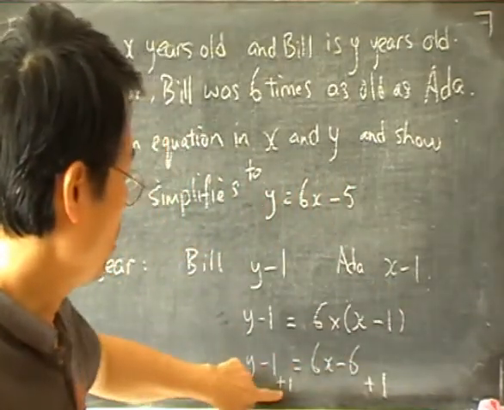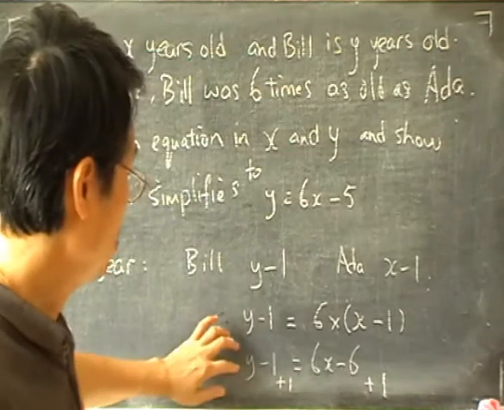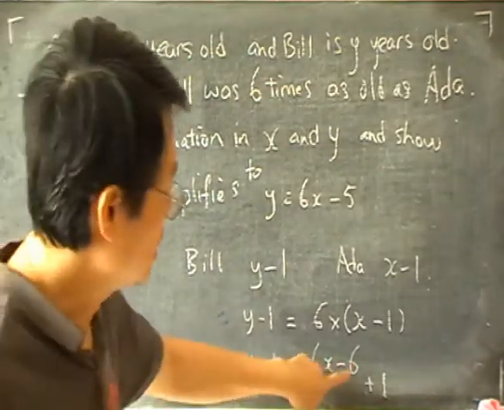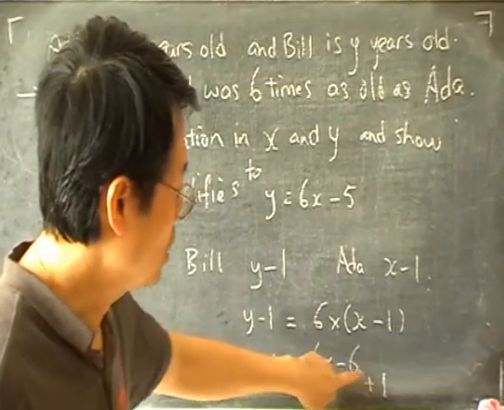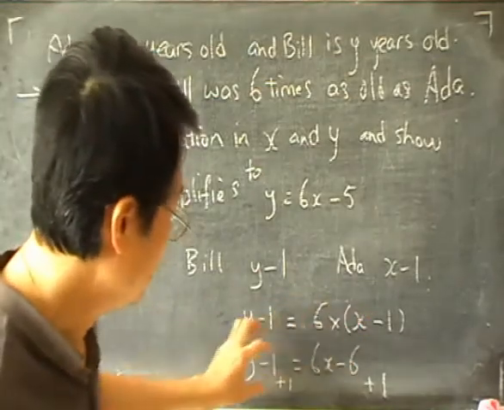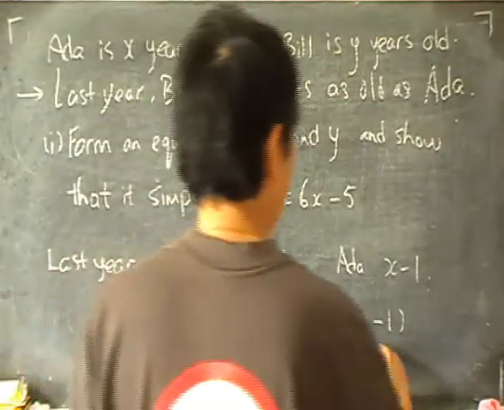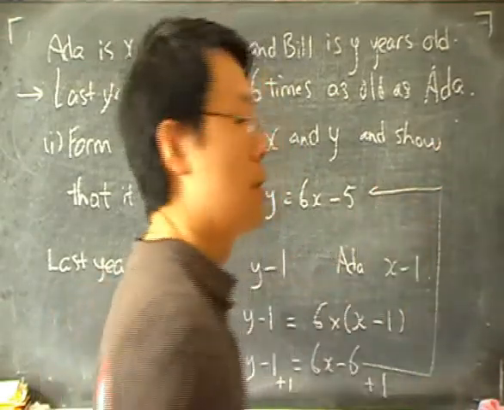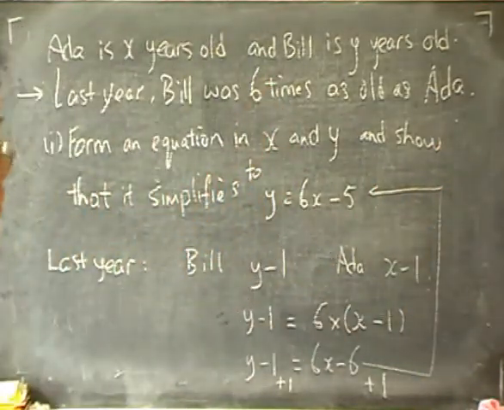Then the 1 and the 1 cancel, and only y is left on the left side. And on the other side, I have minus 6 plus 1, which is minus 5. And you see straight away that if you add 1 to both sides, you will get the answer.